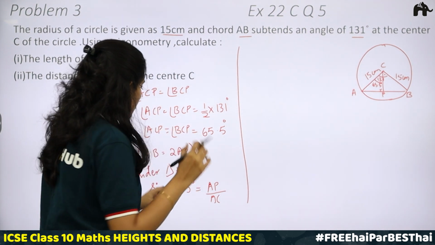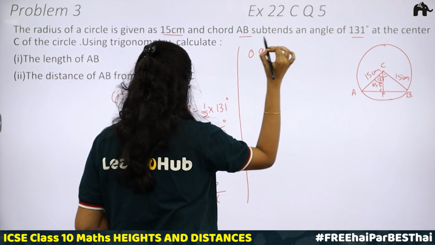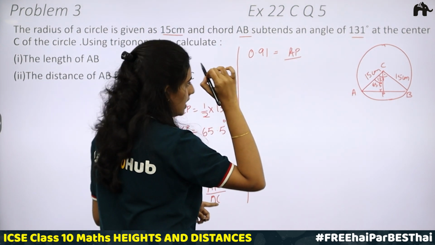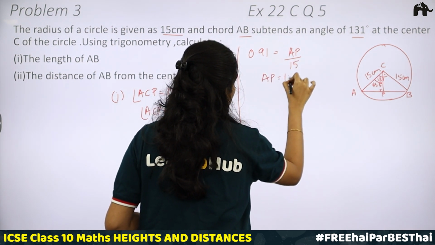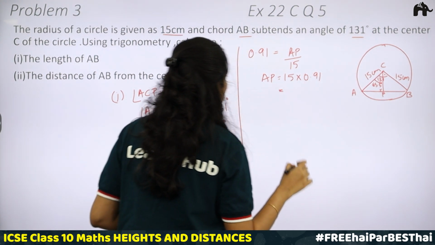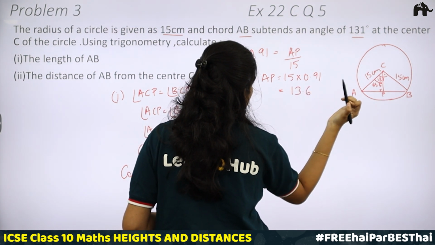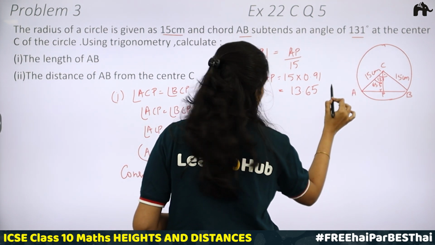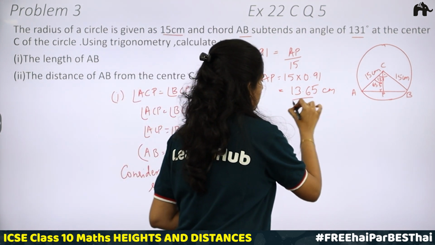When you check the table, you will be getting 0.91. 0.91 is equal to AP divided by AC. AC is 15. And therefore, AP will be 15 into 0.91. The value will be equal to 13.65 centimeter. So 13.65 centimeter is AP.